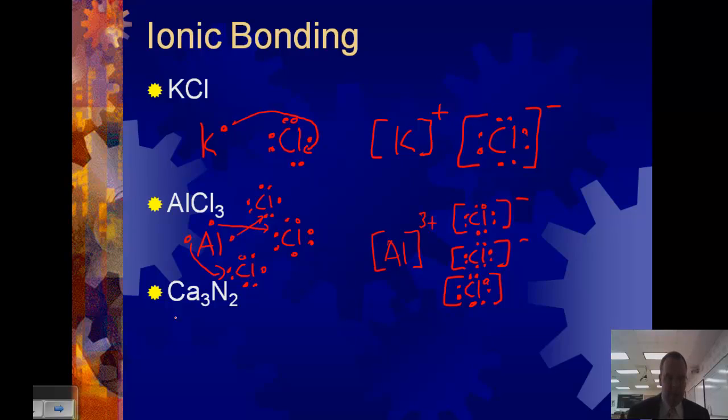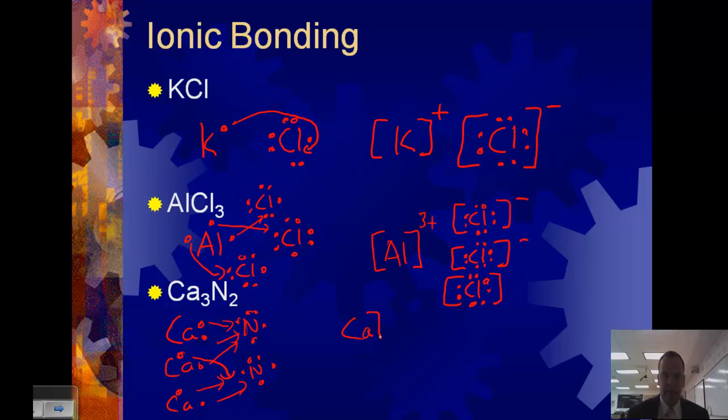Another one, Ca3N2. So if you think of Ca has 2 dots, there's another Ca that has 2 dots, there's a third Ca that has 2 dots, there's a nitrogen that has 5, another nitrogen that has 5. So we need to fill up, so 2 can go here, 1 from here can go here to fill up that, 1 can go here, and 2 each in the bottom one.